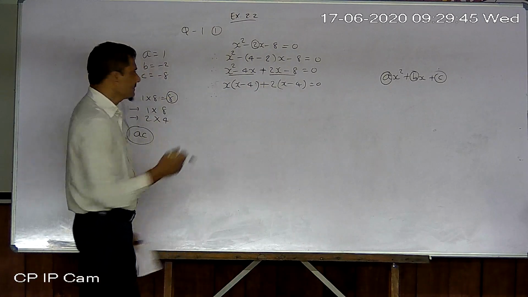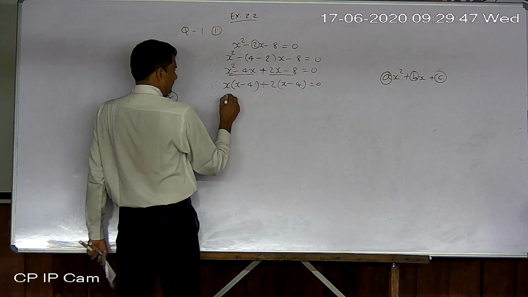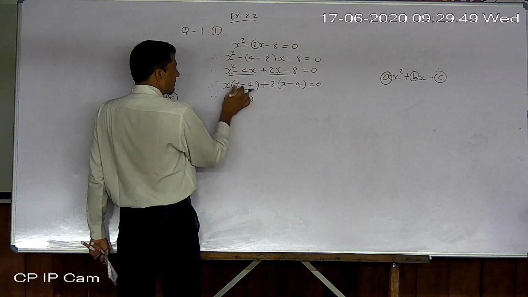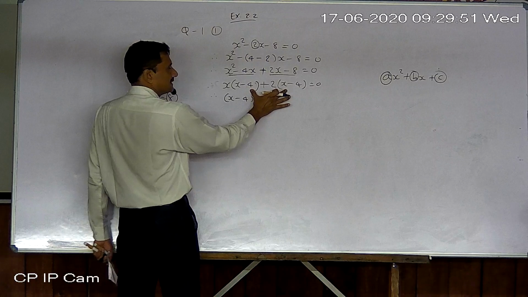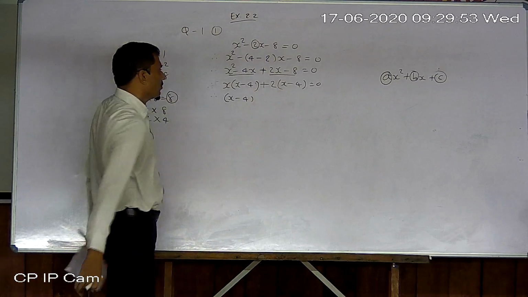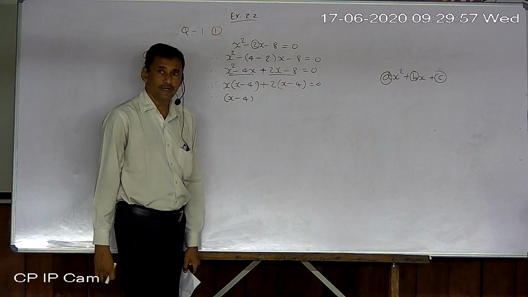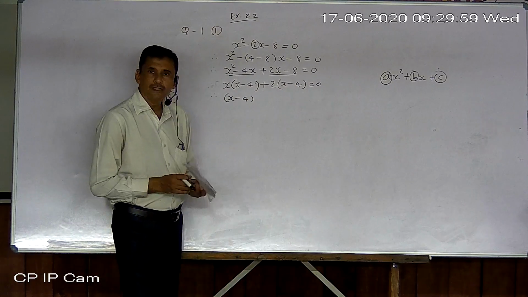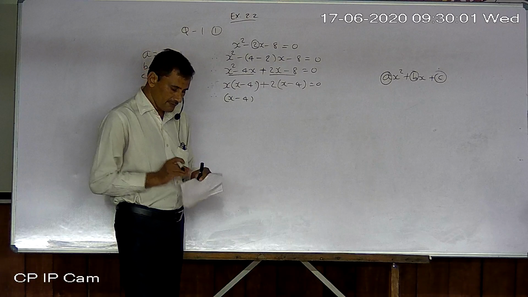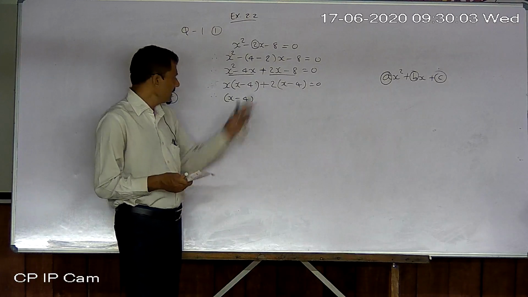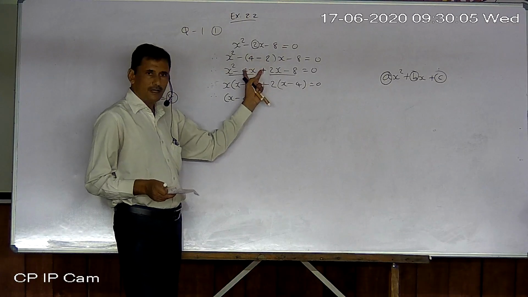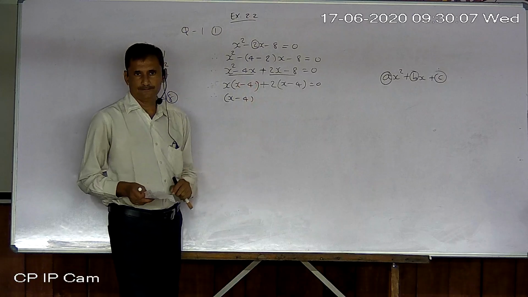Now from both terms this bracket is common. At this step you will always have the same or common bracket. Otherwise you can interpret that you made a mistake somewhere, either in splitting, or in opening the bracket, or in taking common.